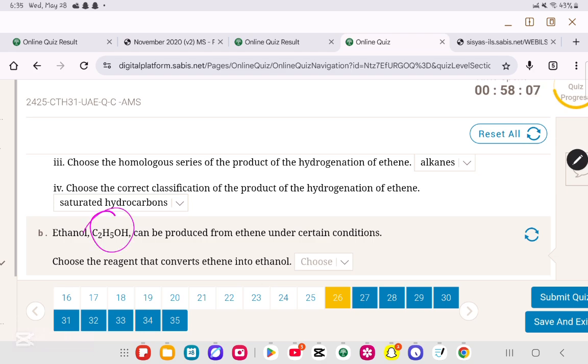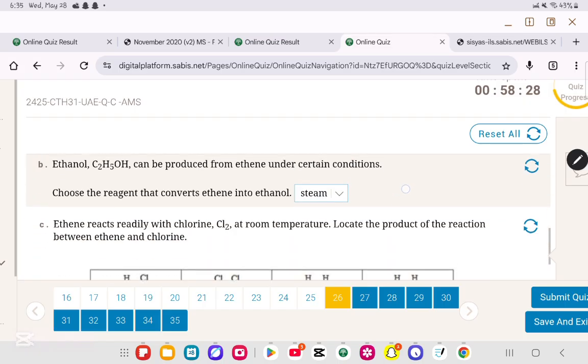How do you produce an alcohol? Alcohol is going to come from the alkene plus steam. So when steam reacts with an alkene, it will produce the alcohol. So when steam reacts with ethene, it will produce ethanol.